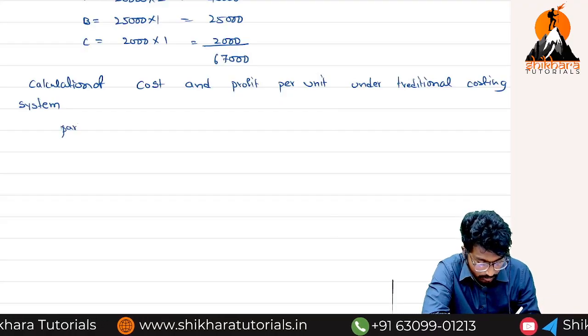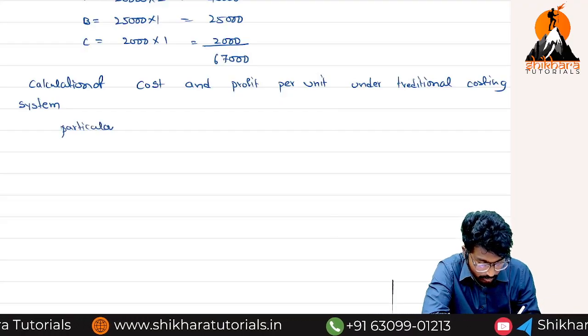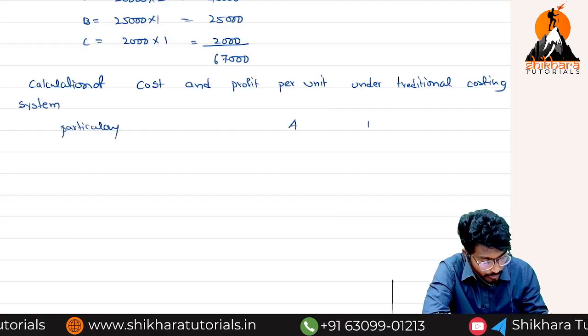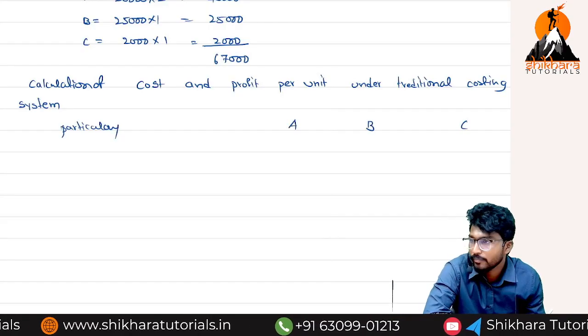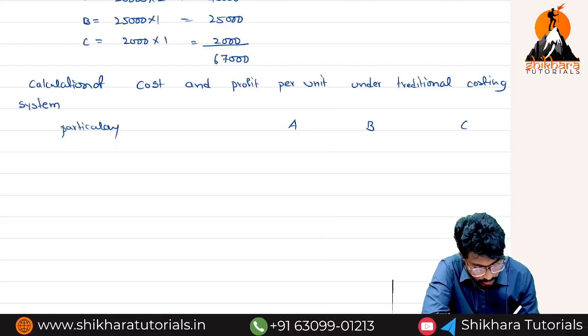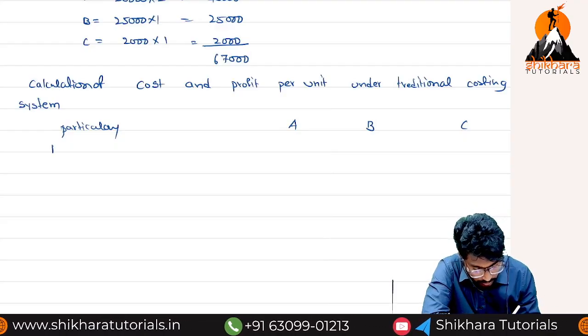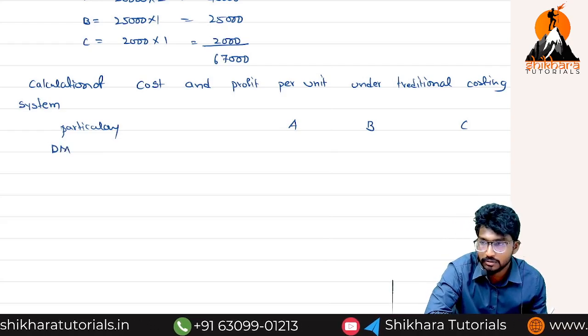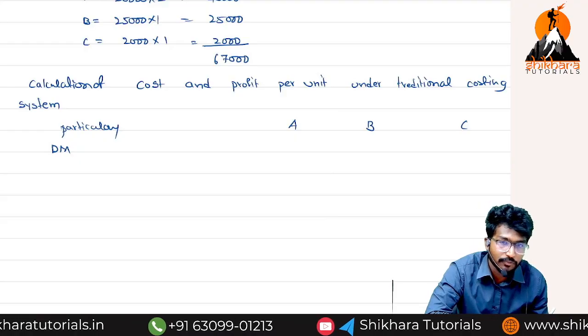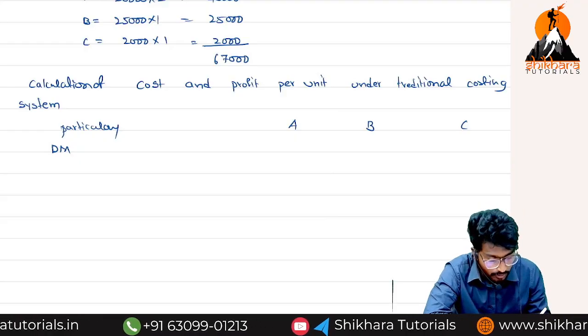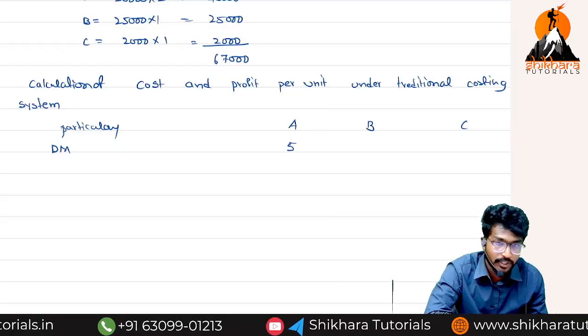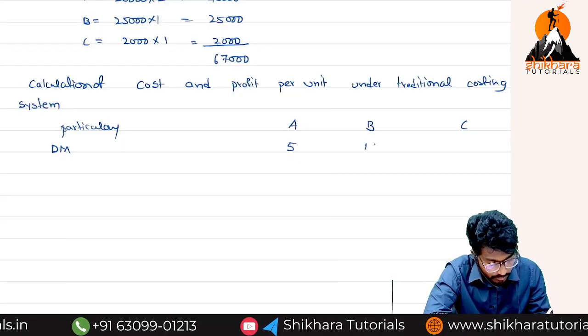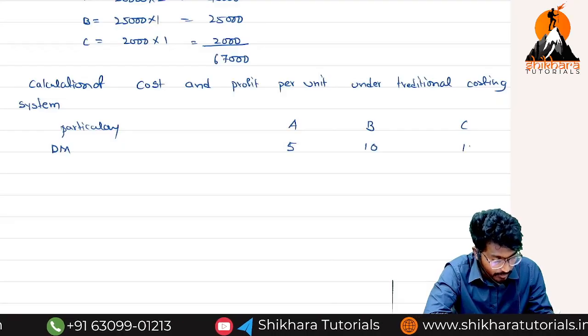Particulars A, B, C. Now, direct material. For A, how much is the direct material cost per unit? 5 rupees. For B, 10 rupees. For C, 10 rupees.